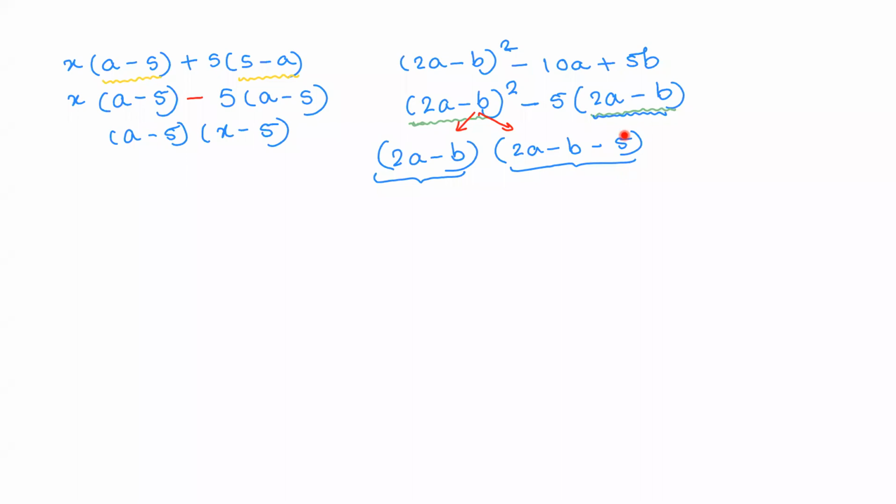Great. So if you got this one, then I have another question for you people, which I'm sure you'll be able to do. This is a nice one, a very comprehensive question. I'll do it on a new page, on a new screen, by the way.